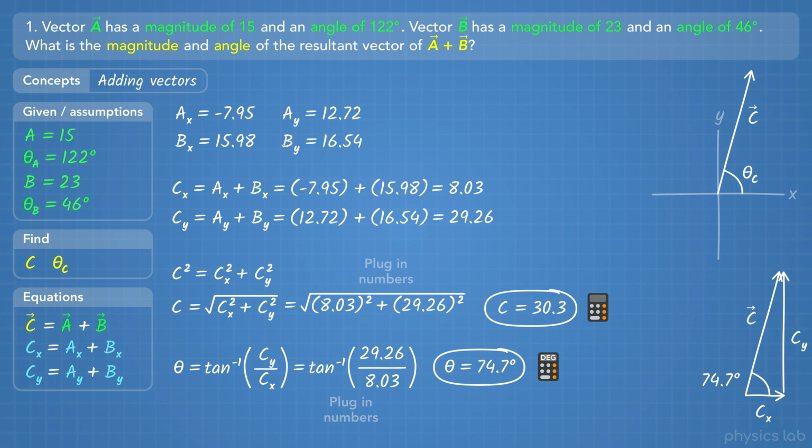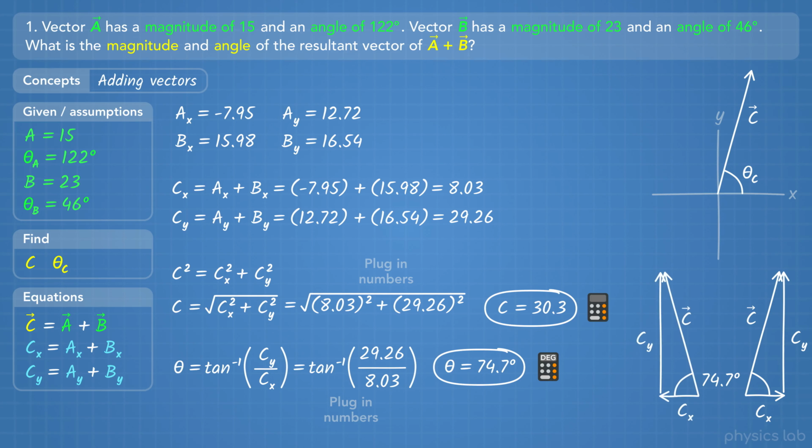So is that this angle or a different one? If we drew the vectors accurately, we would see the vector points in the positive x and positive y directions. But we don't need the picture to tell us that because Cx and Cy are both positive. So if this is the direction of vector C, then 74.7 degrees is the angle relative to the positive x-axis.